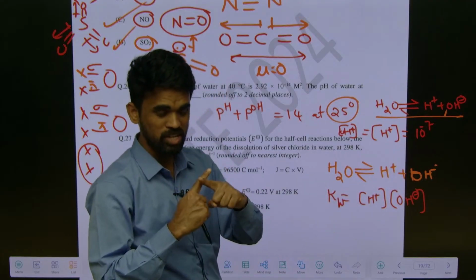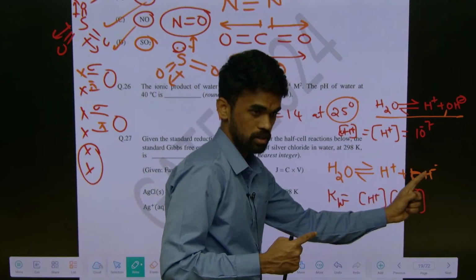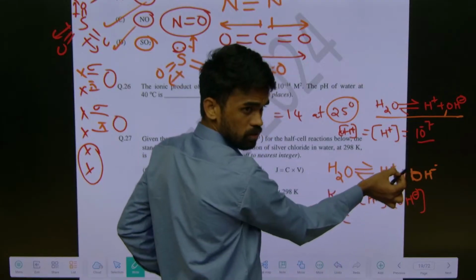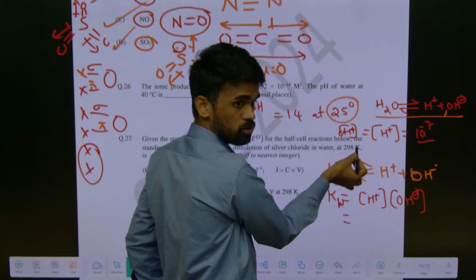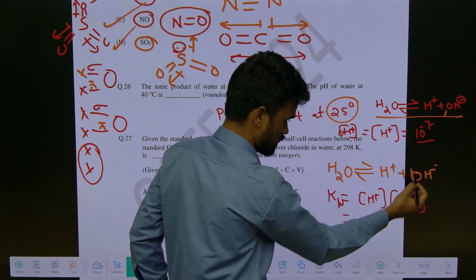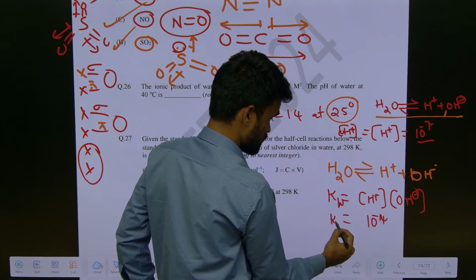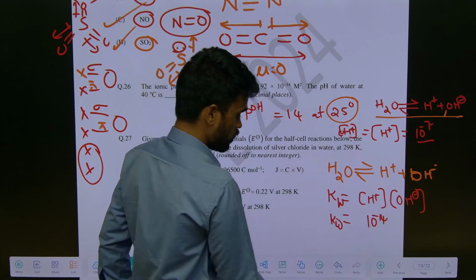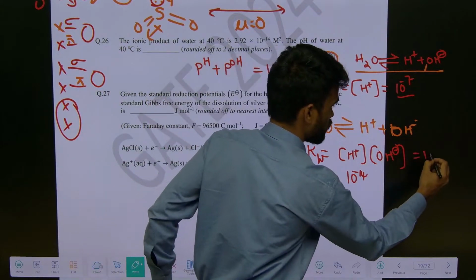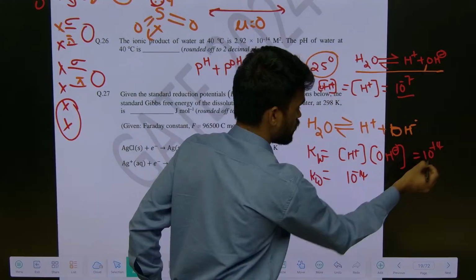Product means multiplication, ionic means these two ions. So what is the H plus ion? OH minus also, multiply them, 10 power minus 7 minus 7, it becomes minus 14. This is KW. So now, I can write it equals 10 power minus 14 here.